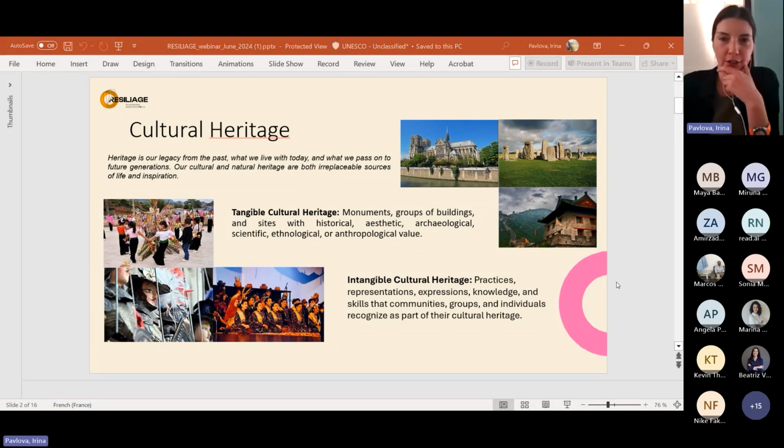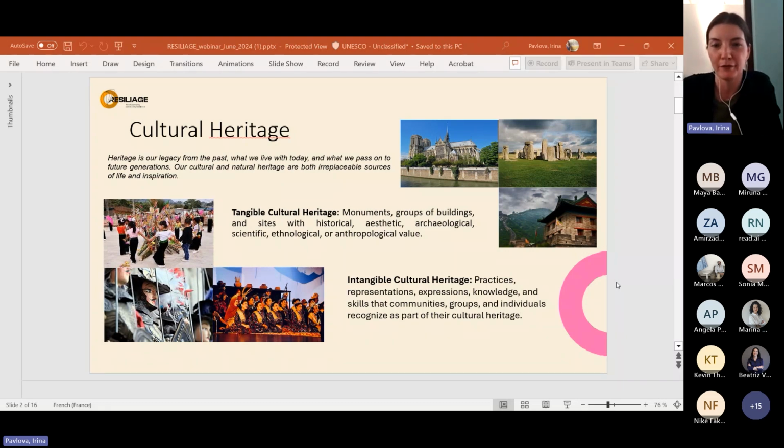So what is heritage? We can say that heritage is our legacy from the past that we live with today and what we pass on to future generations. Our cultural and natural heritage are both irreplaceable sources of life and inspiration. Let's think for a second of a place where you live or a place that is dear to your heart.